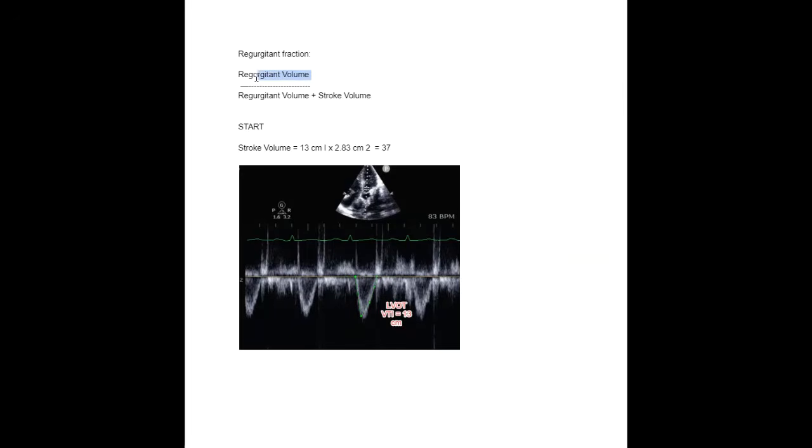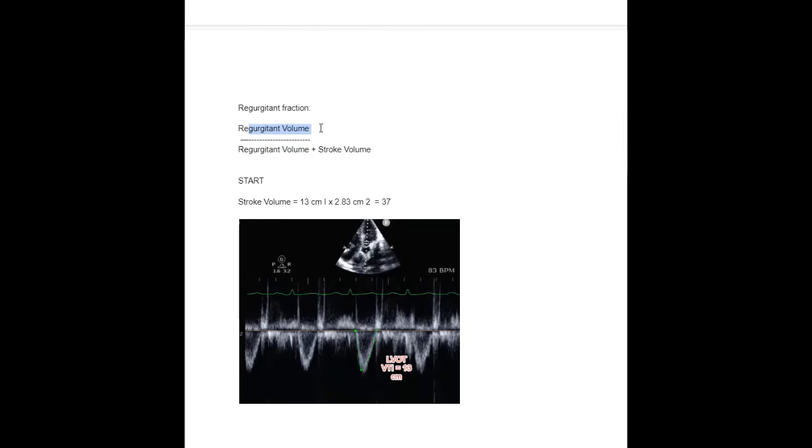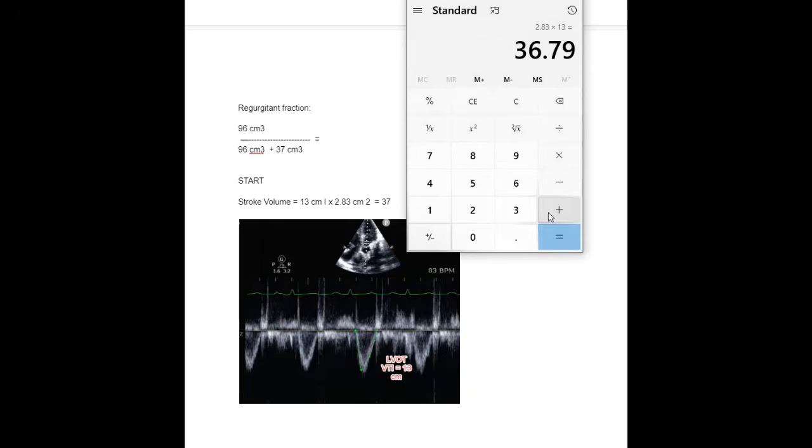So plugging in these numbers, what was our regurgitant volume? All right, it was 96. So 96 cm cubed divided by regurgitant volume, which is 96 cm cubed, plus stroke volume, which is 37 cm cubed. And what does this give us? First, let's work on the denominator. So 96 plus 37 equals.